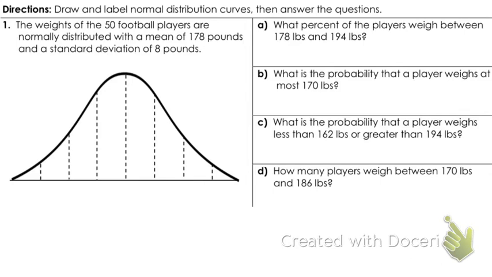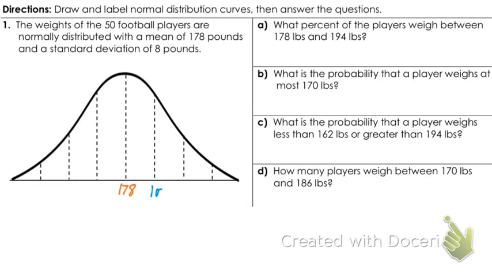So the mean is 178 pounds. So we put that number straight in the middle. Then the dashed line to the right of it is 1 standard deviation away. Well, what are we told the standard deviation is here? 8 pounds.